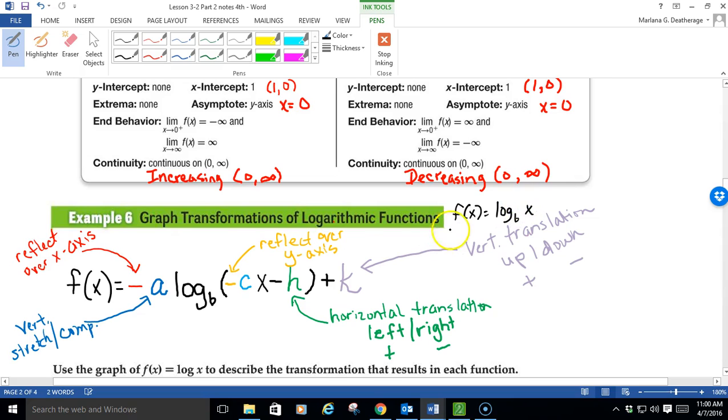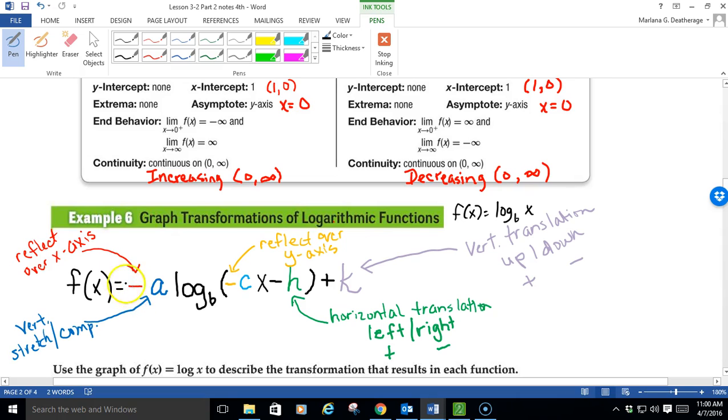That is a basic parent function. That's what we just graphed: log base 2 of x, log base 1/2 of x. But you can have lots of other things in a transformation. Lots of different negatives, other numbers can make that graph do different things.